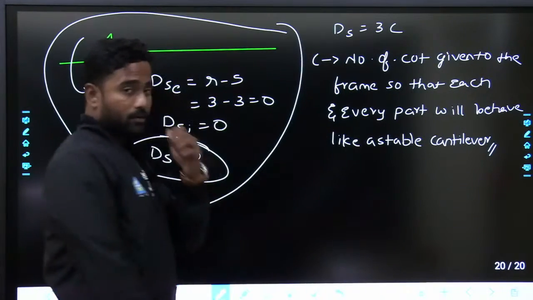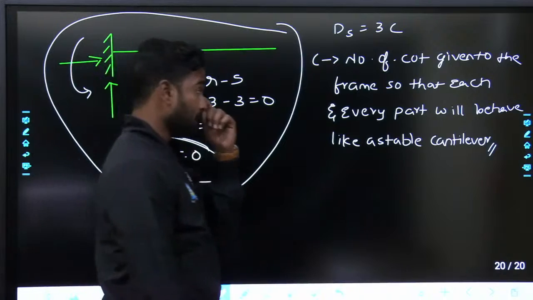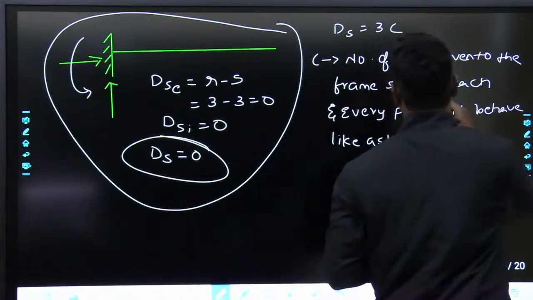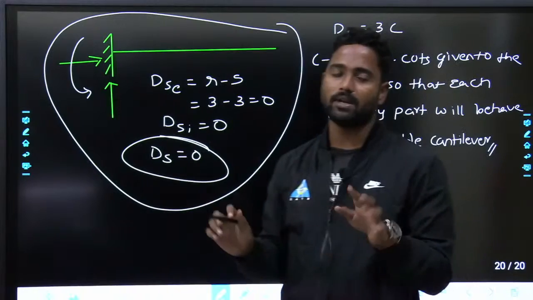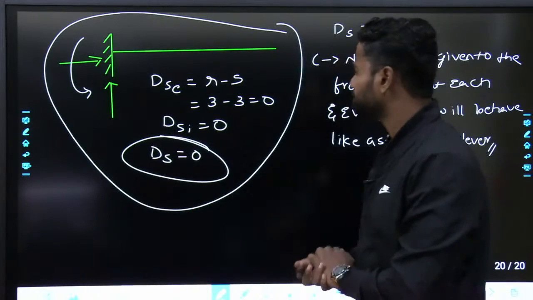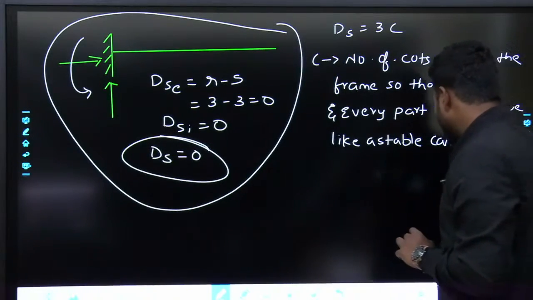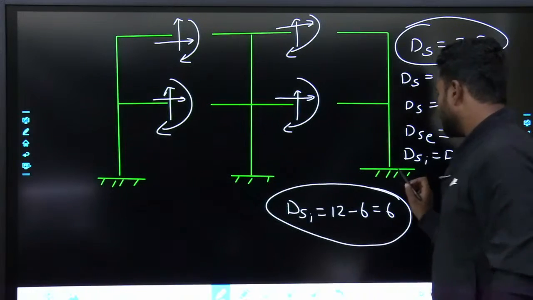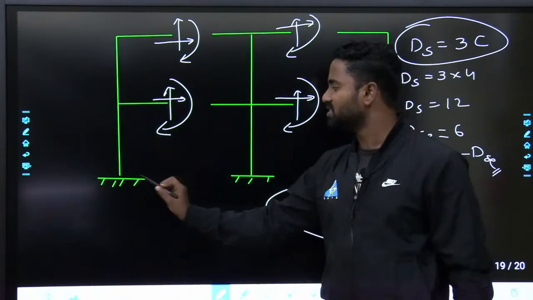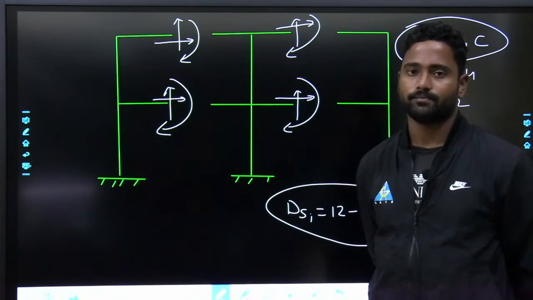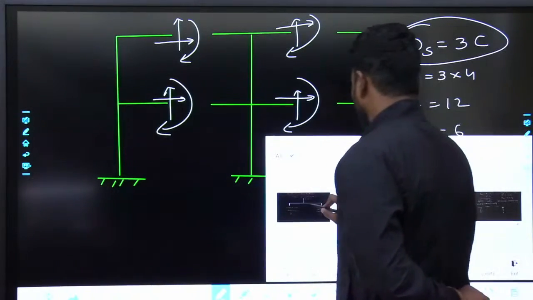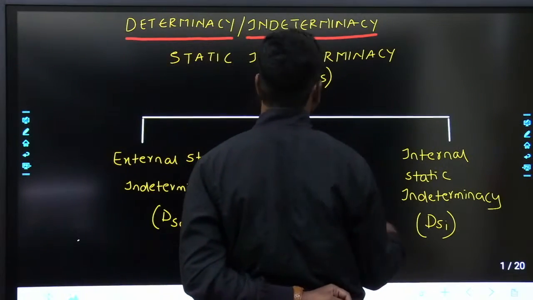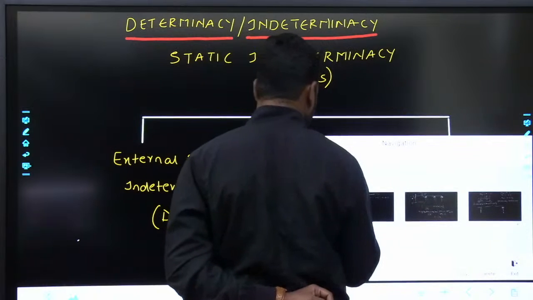DS is equal to 3c, the number of cuts given to the frame, so that each and every part will behave like a stable cantilever. Fine. This is for the basic problem where this is a fixed support, this is a fixed support, this is also a fixed support. I'll show you the different cases.